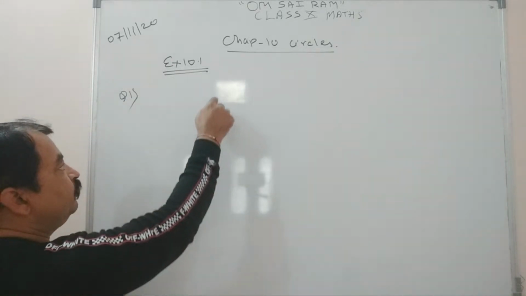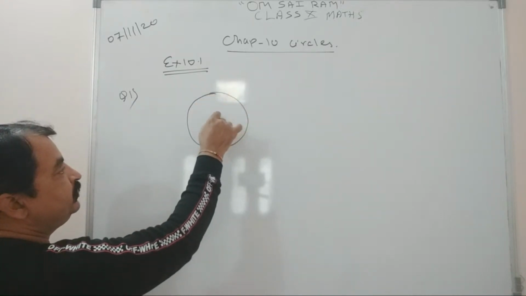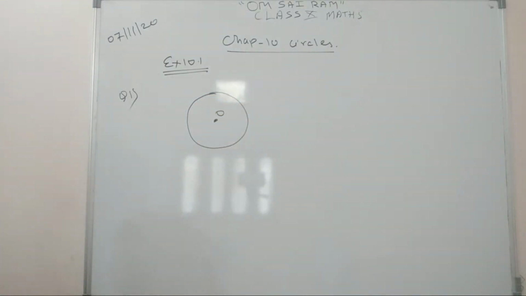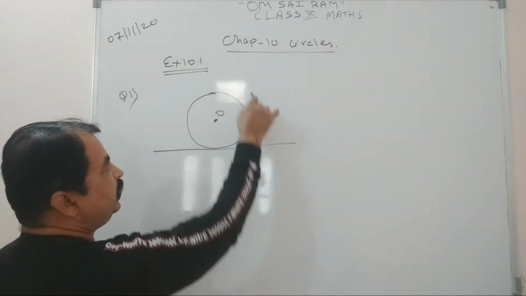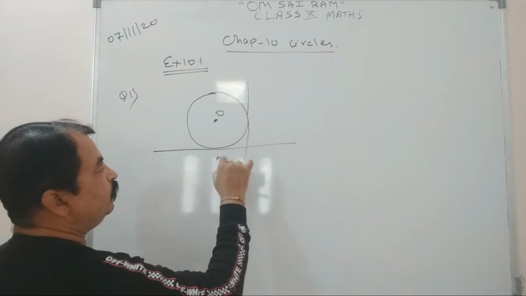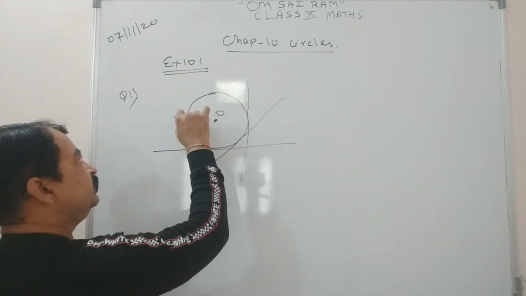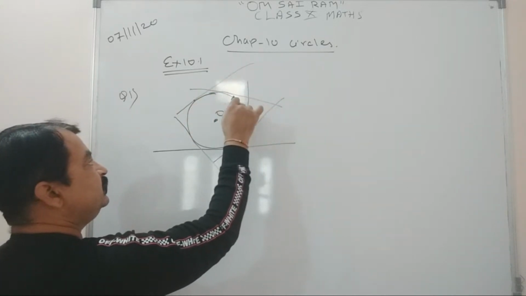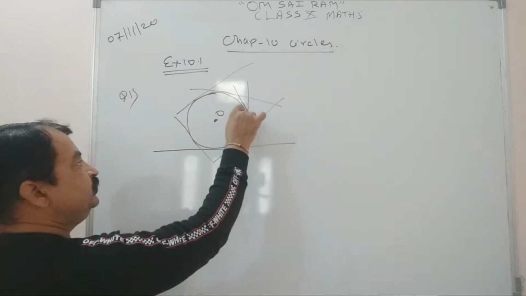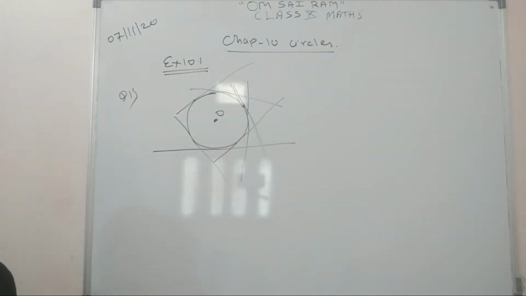See, if we draw a circle, we know that a circle is a collection of an infinite number of points. So from each and every point you can draw a tangent like this, children. The line touching the circle at a single point. So these are the positions of the tangent, children.